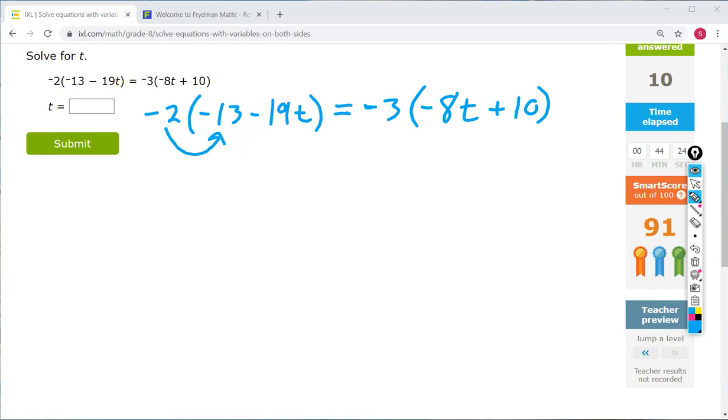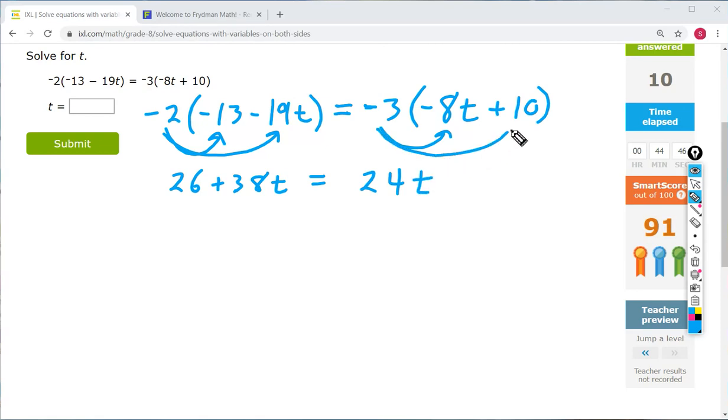Negative 2 times negative 13 is positive 26. Negative 2 times negative 19 is positive 38. And then don't forget there's a t over here. Equals negative 3 times negative 8t is positive 24t. And negative 3 times positive 10 is negative 30.